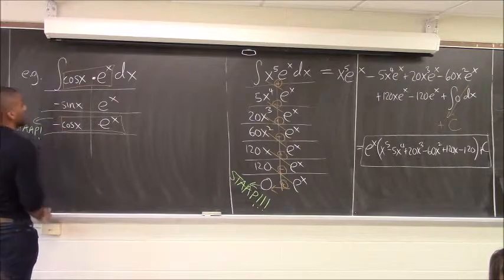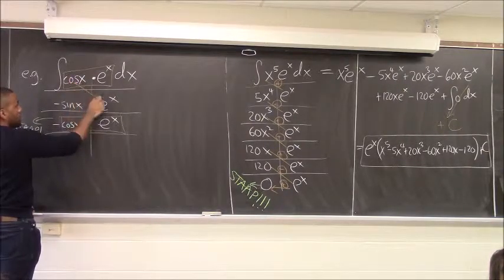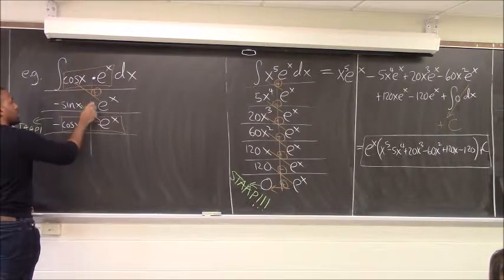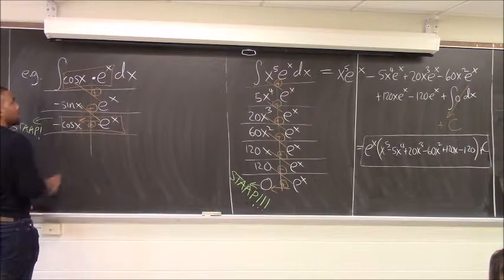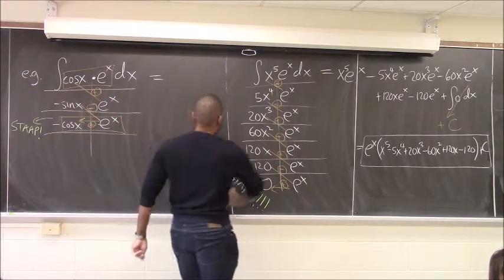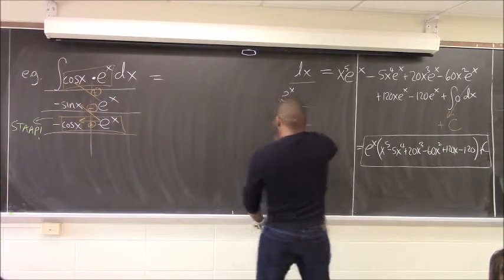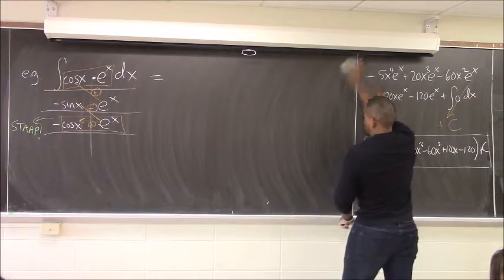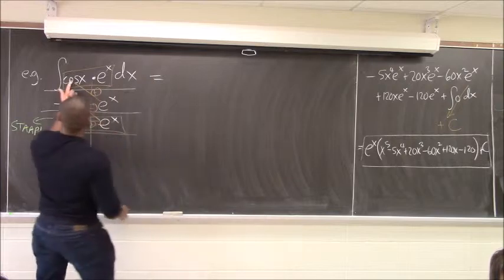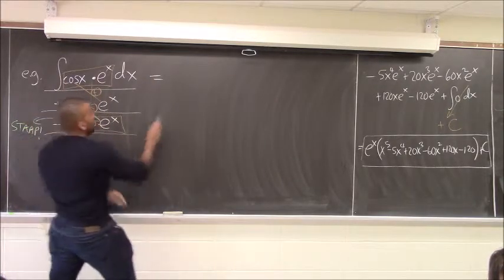And now I start doing that multiplication along the diagonals. That's going to be a plus sign, this is going to be a minus sign, that's going to be a plus sign. So what ends up happening is this integral would become positive e to the x times cosine of x.